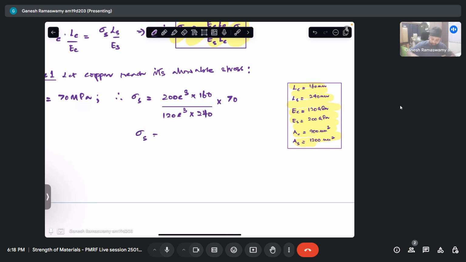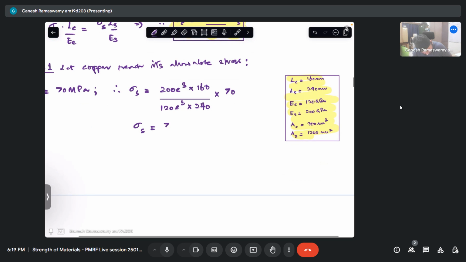So this comes out to be 200 into 160 divided by 120 into 240, into 70. So this comes out as 77.78 MPa.